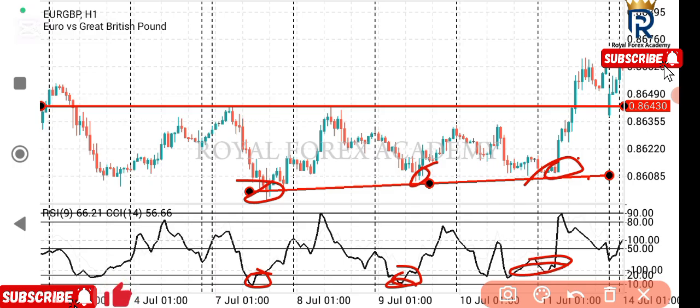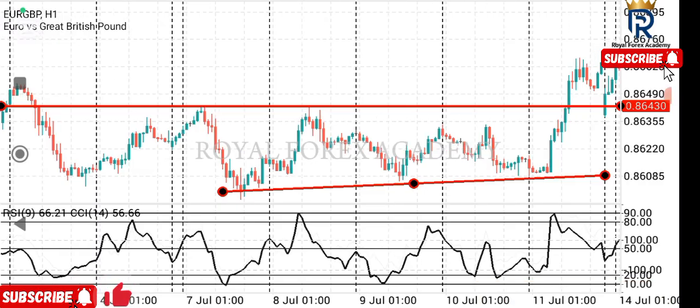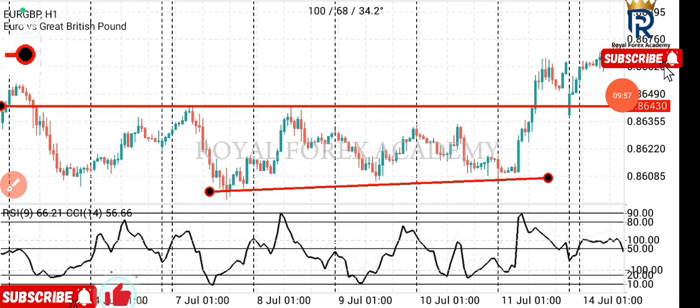It is only working because this coincides with price action. Price doesn't obey indicators, it respects price action. And that is why even if price comes all the way to this point, you are not just going to buy because your indicator is at the level of 20 and 10.